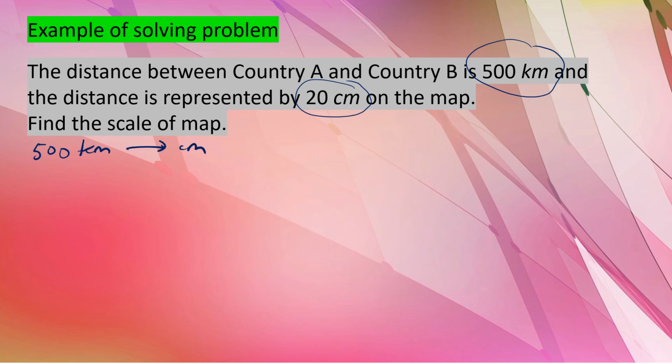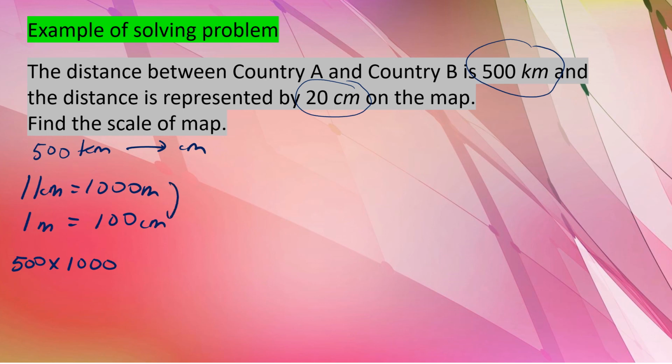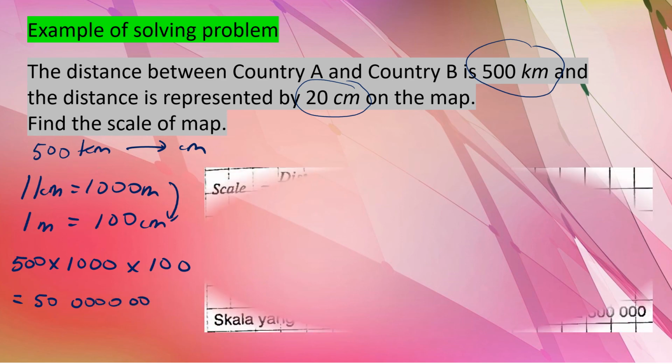You know that 1 kilometer is equal to 1000 meters, and 1 meter equals 100 centimeters. So from kilometers you convert to meters first, so you multiply by 1000. After that you convert to centimeters, so you multiply by 100. So you will get 50 million.